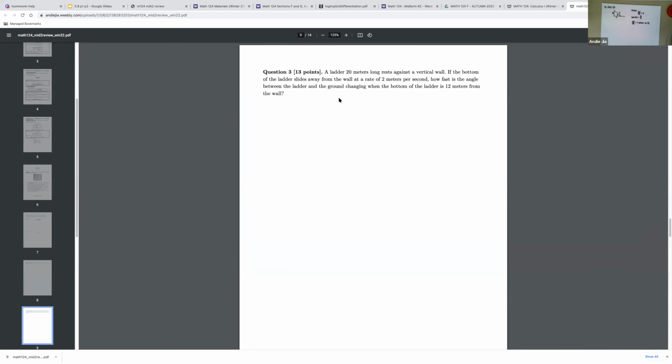So if z is 12, the z is 20. Oh, I'm so sorry. Z is 20, then x equals 12. Then solve for y. So this is the Pythagorean identity.